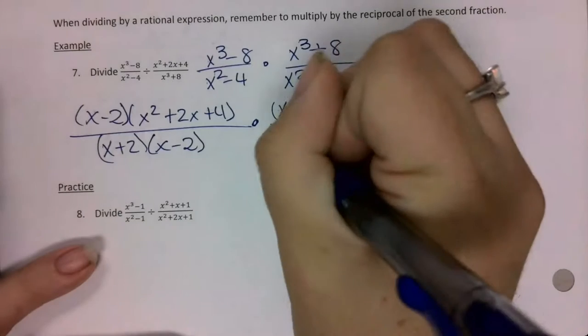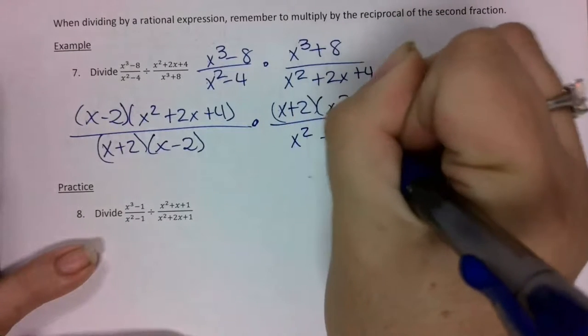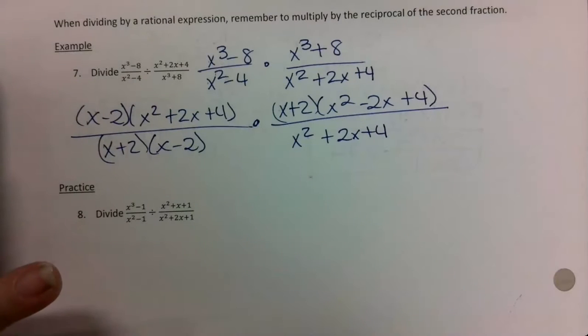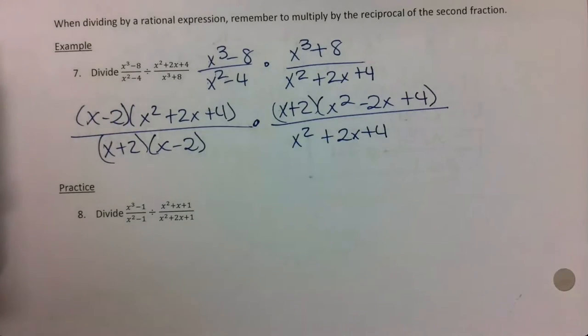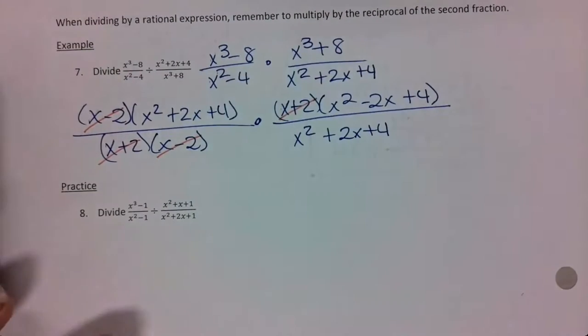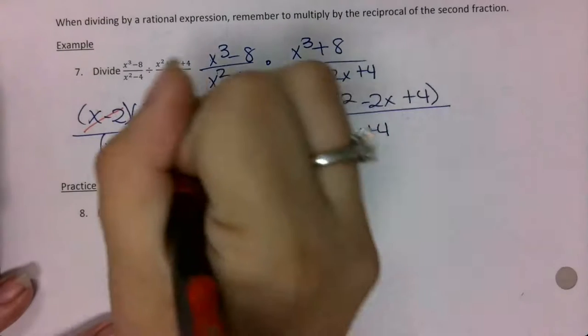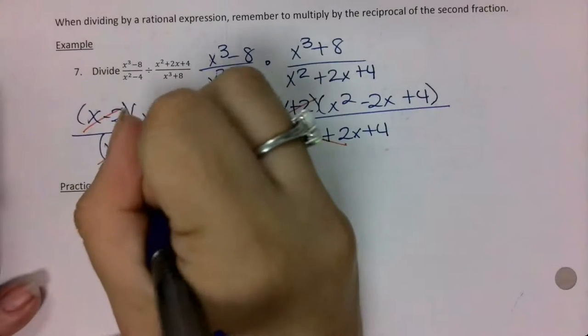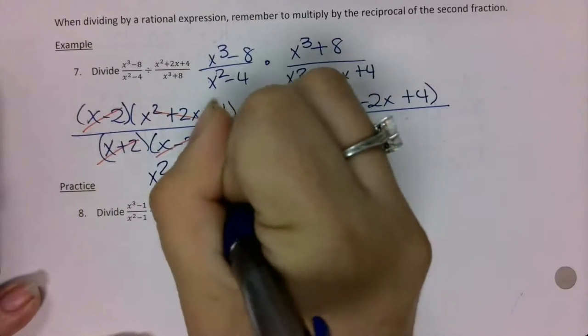No, so that's going to stay exactly the same for now. So what can I factor out? x plus 2, x minus 2, x squared plus 2x plus 4. So that leaves me with just x squared minus 2x plus 4.